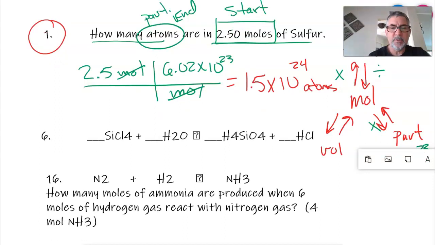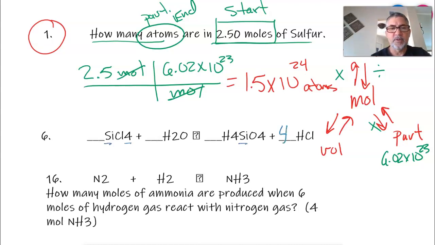The balancing should be pretty easy. Remember the strategy for balancing: just take one atom at a time. I have one silicon here, one silicon there, so I'm going to ignore it for now. I have 4 chlorides and 1 over here, so I'll start by putting a 4 there.